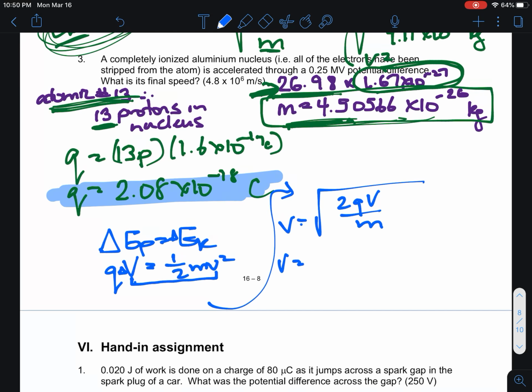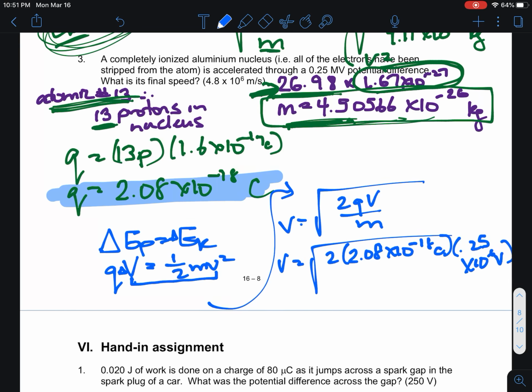And we've already done the work here. We've got the charge of our nucleus as that 2.08 times 10 to the negative 18. And we've got the potential difference, which was given to us, 0.25 megavolts, which is times 10 to the 6 volts. And then divide it by the mass, which again I would give to you, 4.50566. And we're going to punch all of that out.